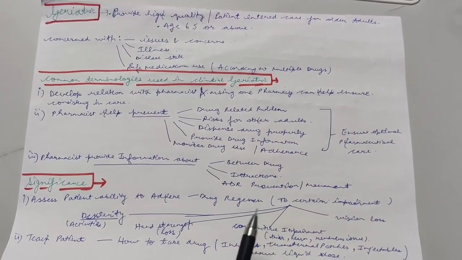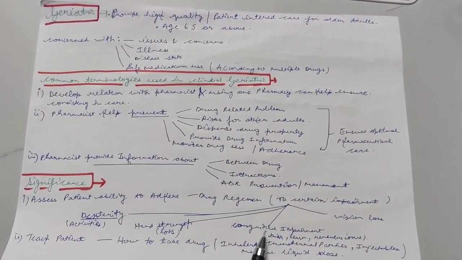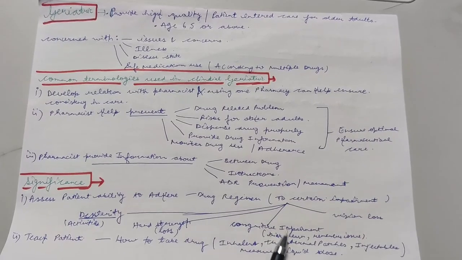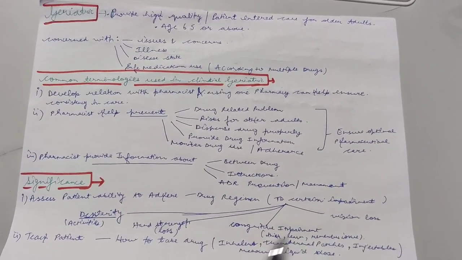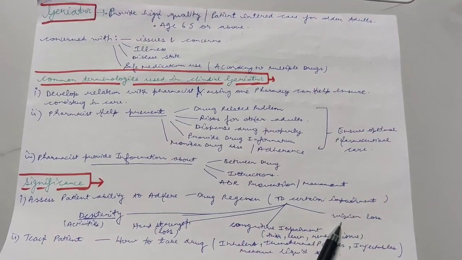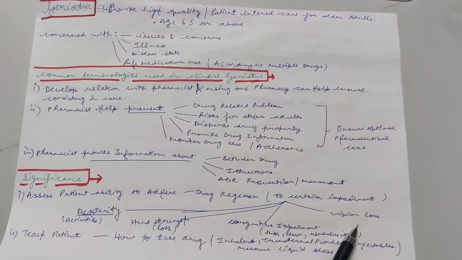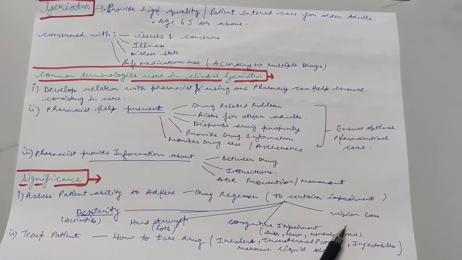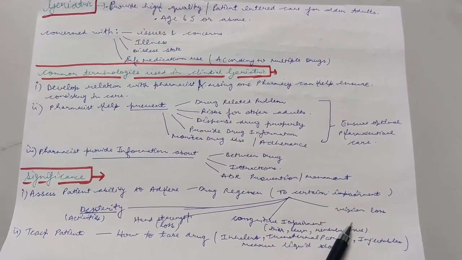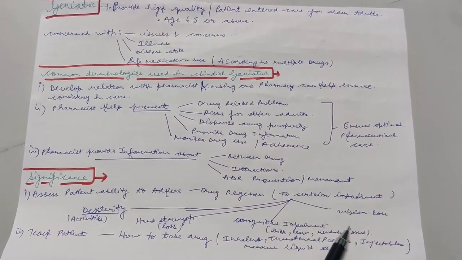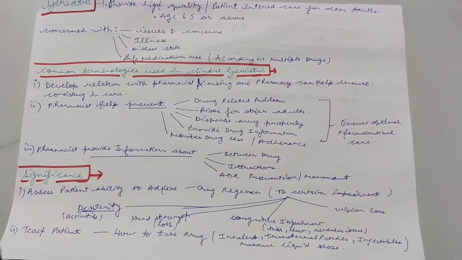So one person should be assigned to give the drugs accordingly and timely. Vision loss: in elderly people, they are not able to see properly. So one person should give medicines timely to him.